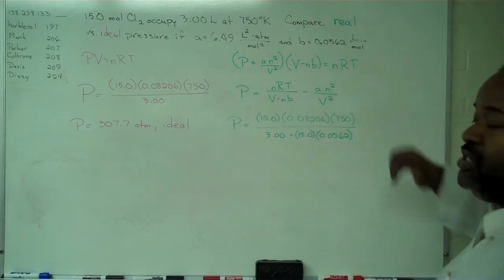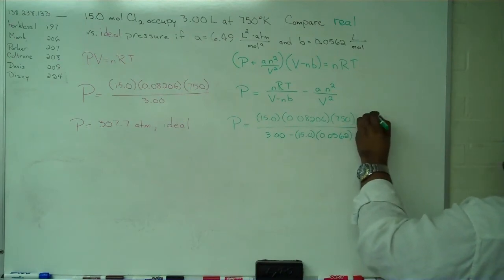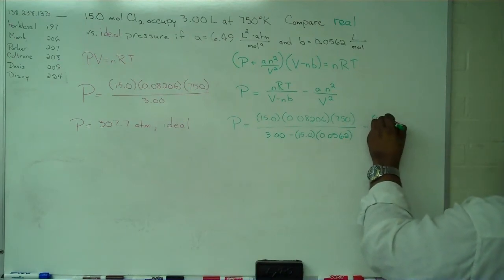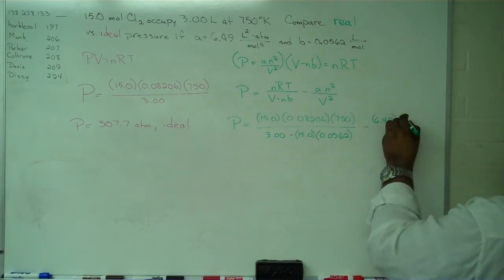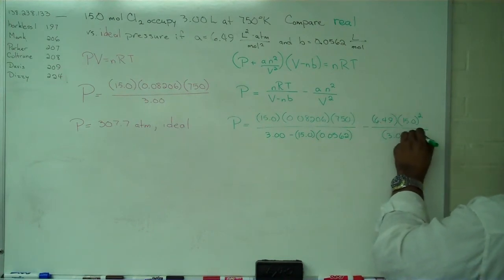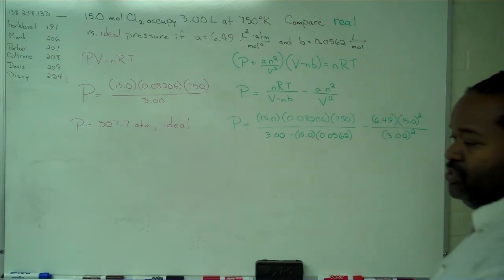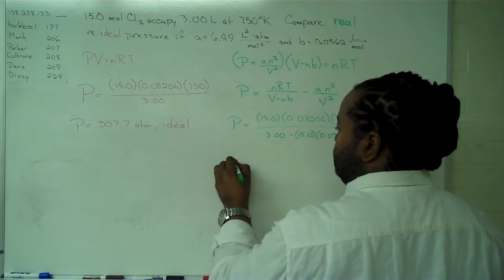And now we subtract off the interaction term, our van der Waals A, 6.49, number of moles is 15, we have to square that, and our volume of 3 liters will also be squared. So this takes a little more effort to step through everything.